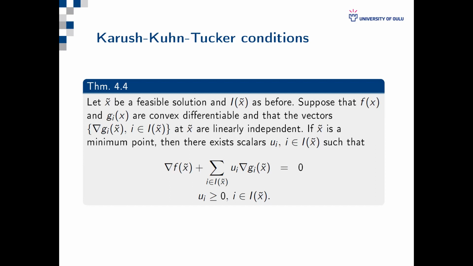And then we assume that x tilde is a minimum point. Then I claim that there are non-negative numbers u_i such that the gradient of f at x tilde plus this linear combination of the gradients of the g_i's equals 0, exactly as in our example.